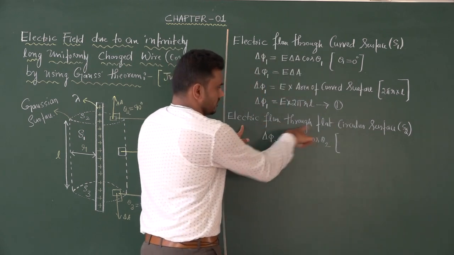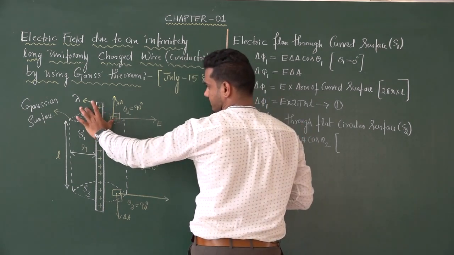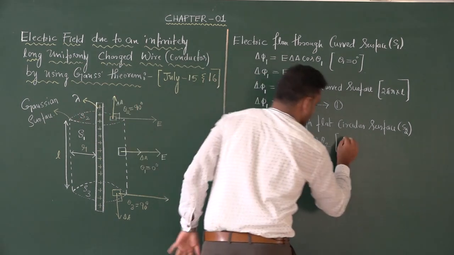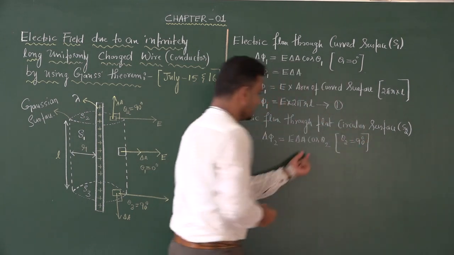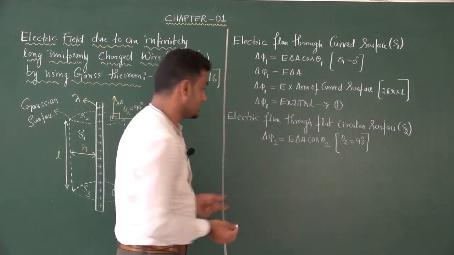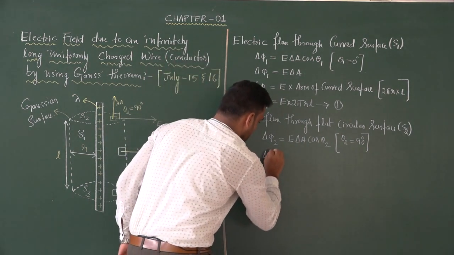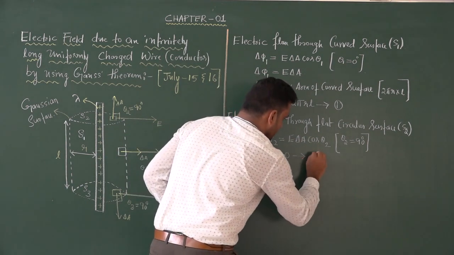Electric flux through flat circular surface S2. Where is S2? Look at this S2. What is theta 2 we have? Theta 2 is equal to 90 degree. So cos 90 degree is 0. So delta phi 2 is equal to 0 into anything is 0, equation number 2.